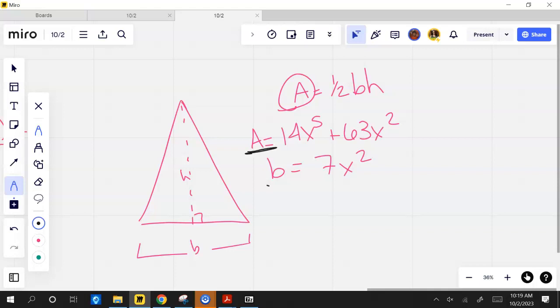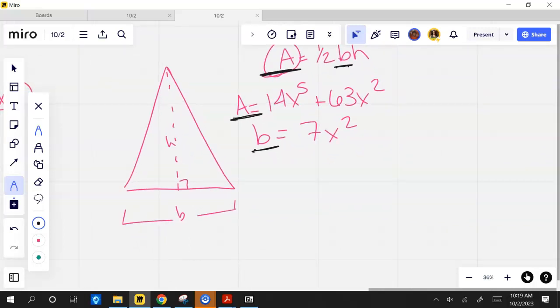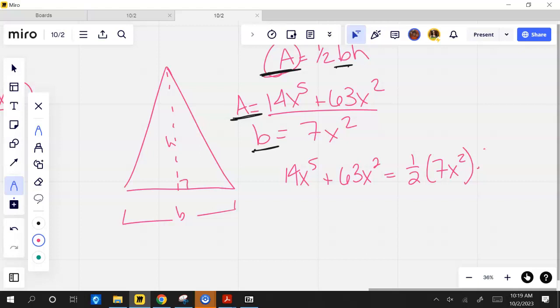We know A and we know B. So let's just plug in what we know. A is 14x to the 5th plus 63x squared, 1/2, base 7x squared, times the height, which I don't know. That's what they want me to find.